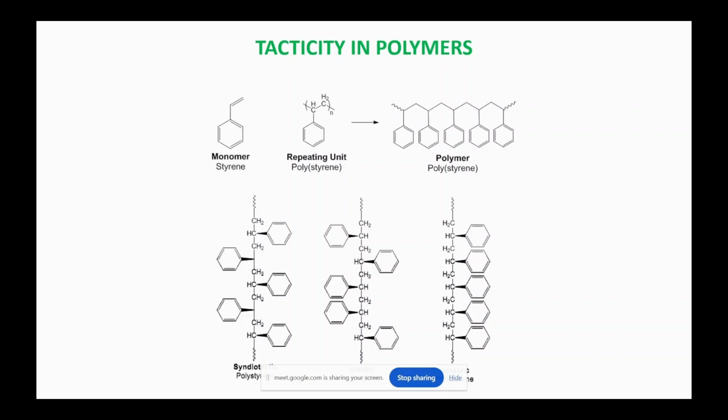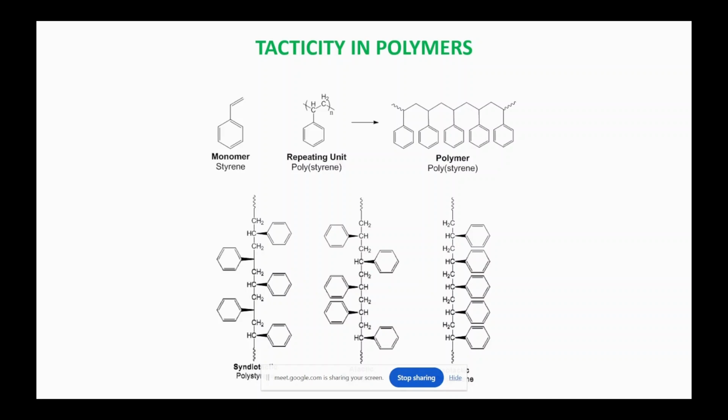So in case of isotactic, what happens is the side groups, or if you see in case of this polystyrene molecules, all these benzene rings are arranged in the same direction or on the same side. So when the groups within the polymers are arranged in a particular way, those kinds of polymers are called isotactic polymers.